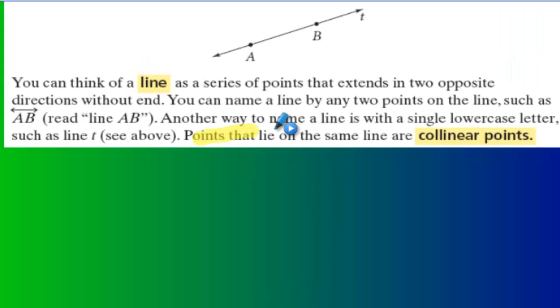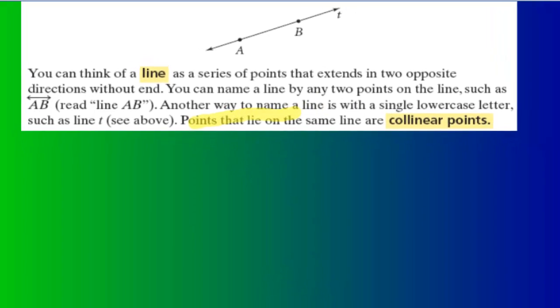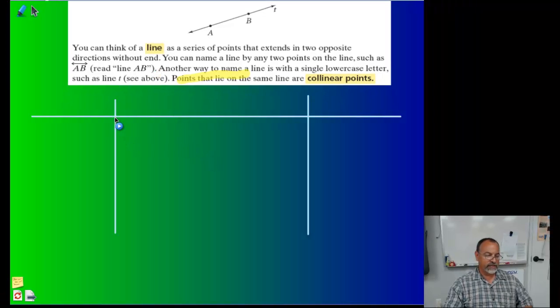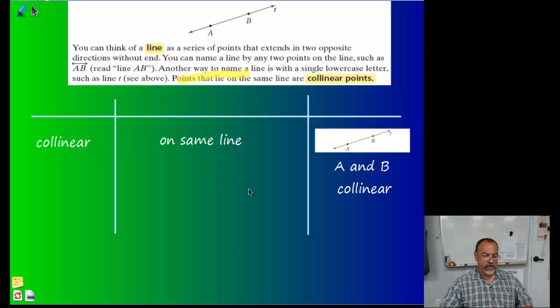Collinear points are points that are on the same line. So any points that are on the same line are considered to be collinear. That means on the same line. So again, A and B that we use to name the line, they're on the same line, so those would be considered as collinear points.